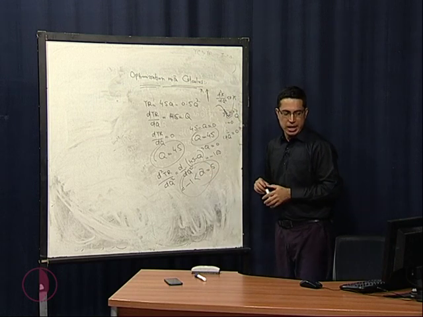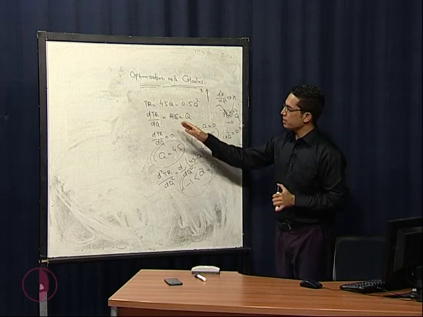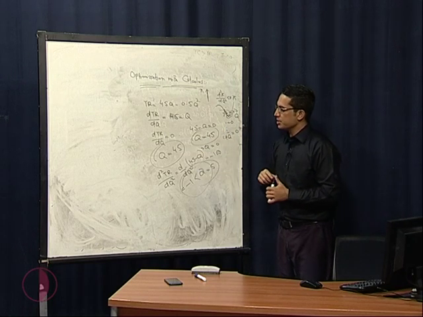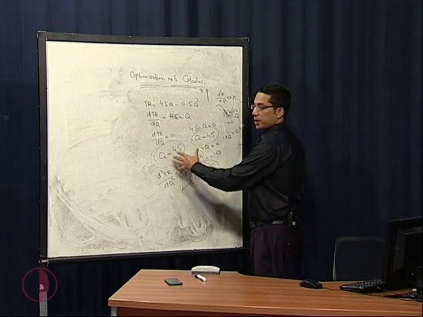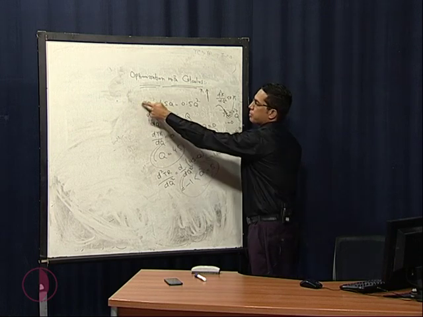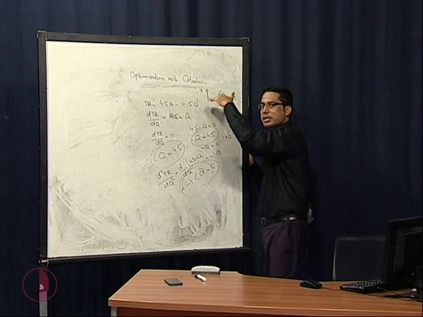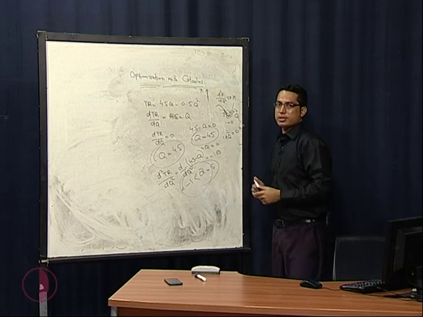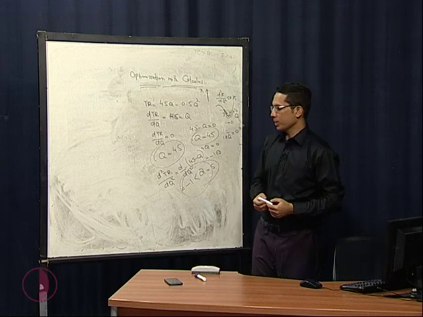What does it mean? It means that this total revenue function reaches its maximum point when the firm produces 45 units of output.